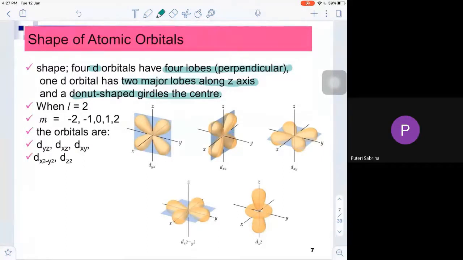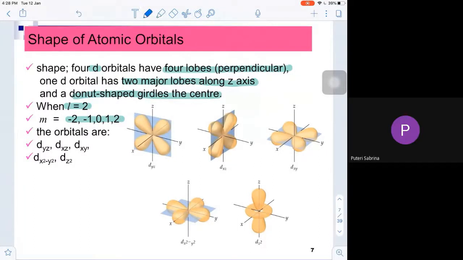We will have this d orbital when L is equal to 2. Just remember s orbital L is 0, p orbital L is 1, and d orbital L is 2. The d orbital has 5 orientations in space around the nucleus, corresponding to 5 ml values: -2, -1, 0, 1, and 2.